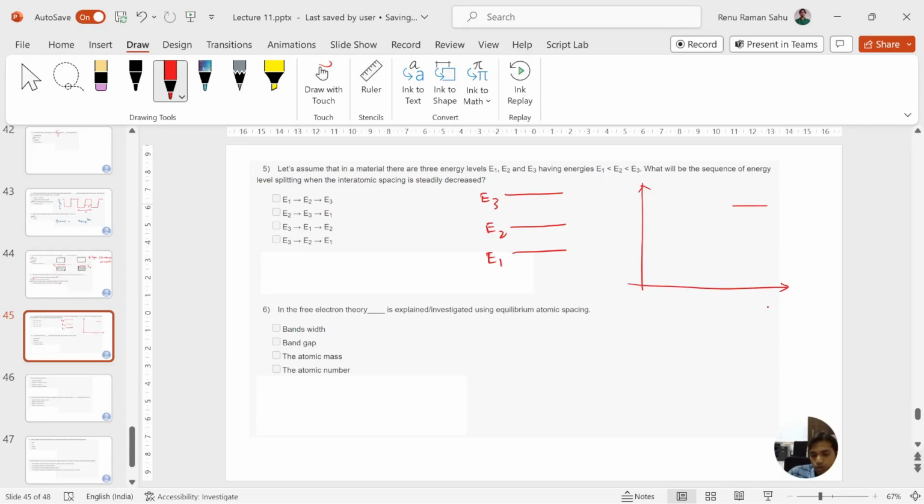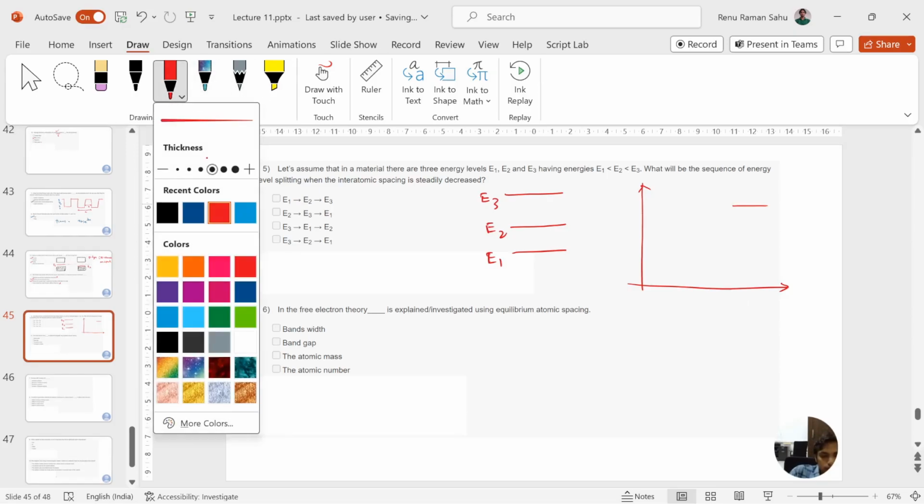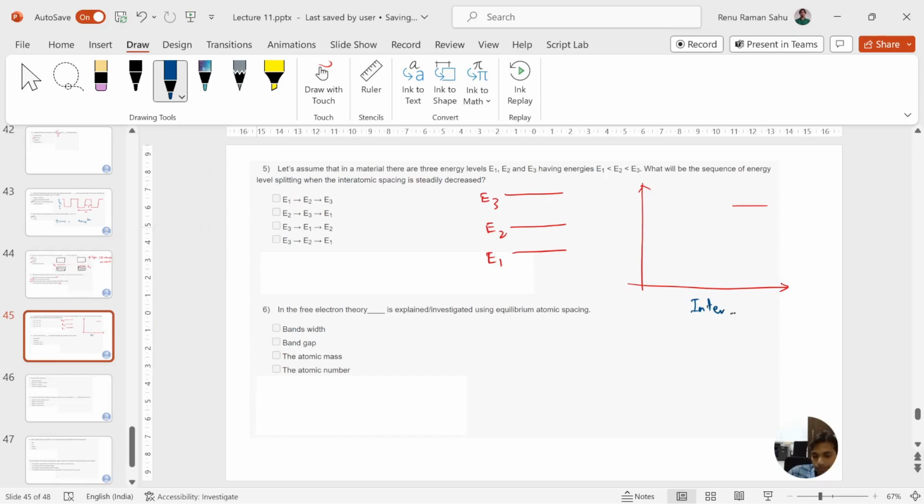As you go from here to here, what it is asking is, this is interatomic spacing.